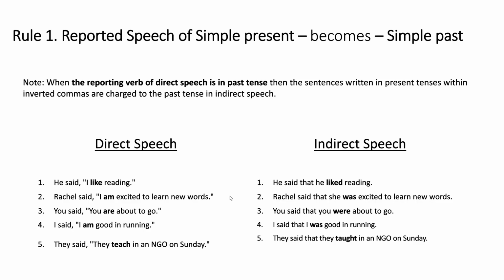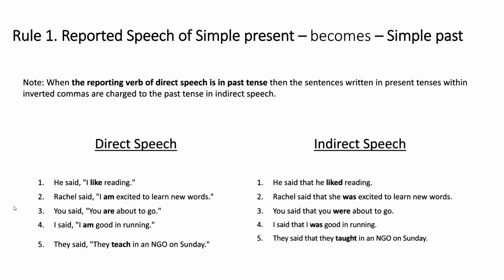For example, he said, that's the reporting verb, and the sentence within the inverted commas is direct speech. So it will take back shift according to the verb which is in past in reporting verb. So it will change to he said that he liked reading.